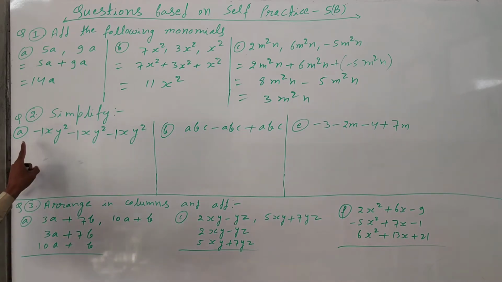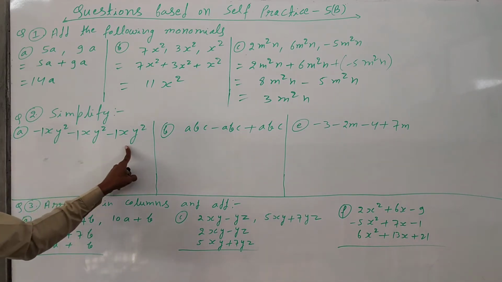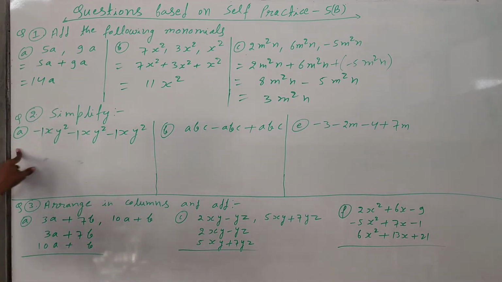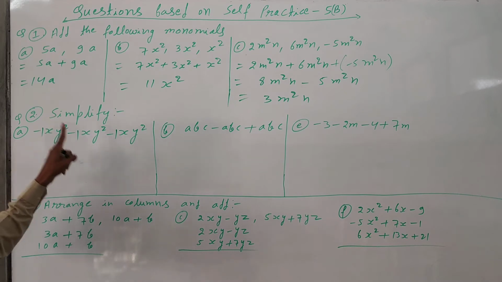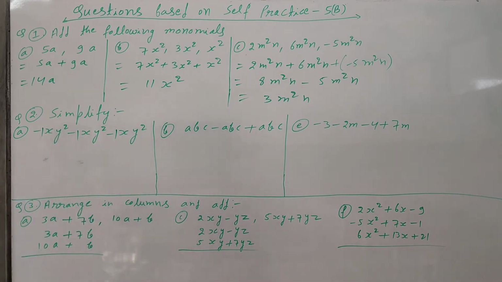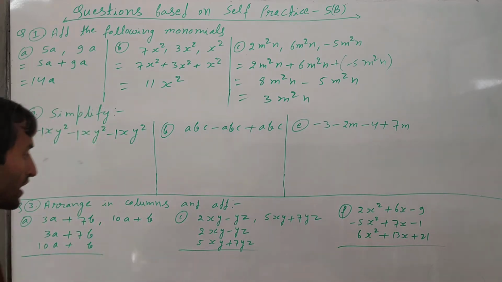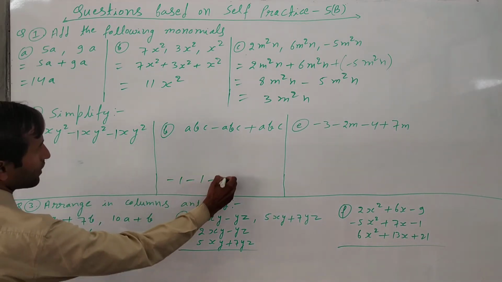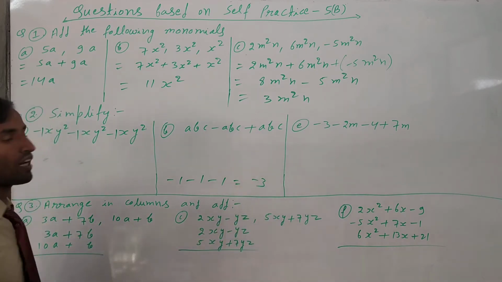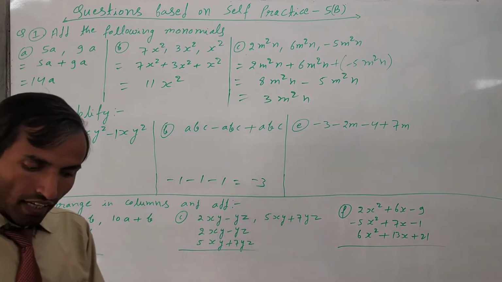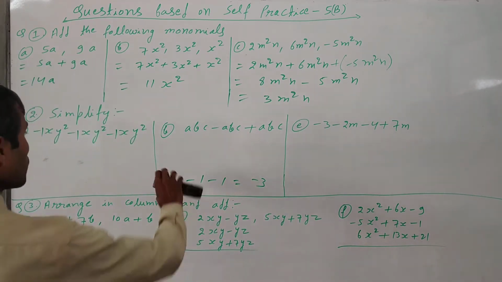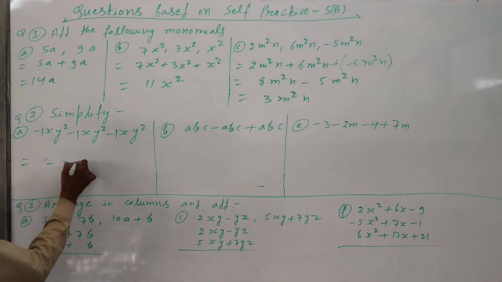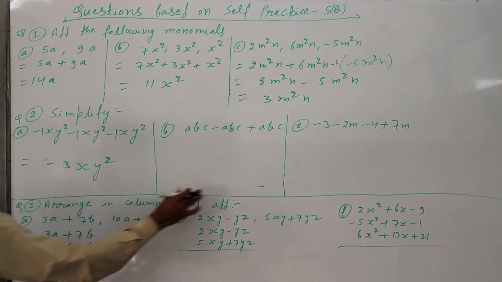All three have the same variable and the same power also, so these are called like terms. And the coefficients are minus 1, minus 1, minus 1, all three have a minus sign. In integers also, minus 1, minus 1, minus 1, we write minus 3. We will add. For that, here also we will do the same process, it will come minus 3xy square. This is the final answer.